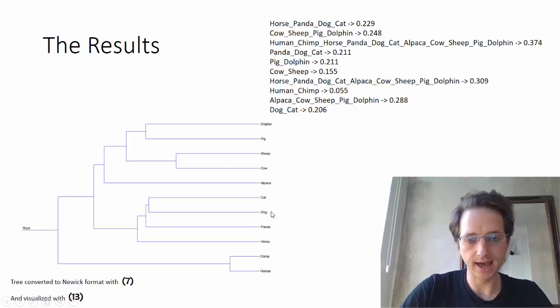We see that the cat is most closely related to the dog, which then had a common ancestor with the panda, which had a common ancestor with the horse. And likewise, the dolphin and pig, as well as the cow and sheep, have a hypothesized common ancestor, which then have a hypothesized common ancestor with each other, and then with the alpaca. Here's the outgroup of chimp and human, and our common ancestor with all of these other animals.